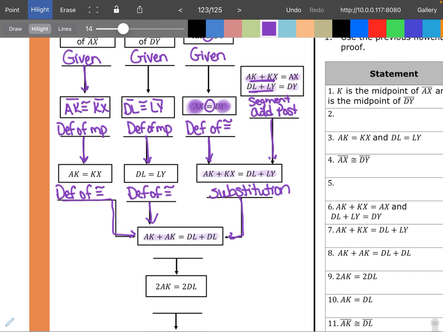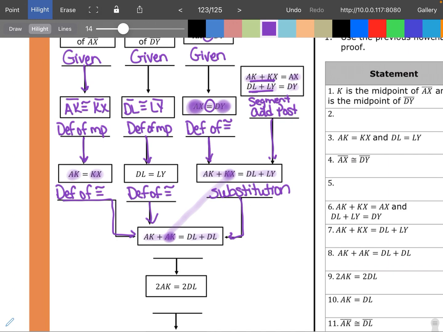Well, let's take a look at those other boxes. I have AK equals KX. Right, there's KX, which is now AK. So it looks like I substituted in AK for the second KX. Looks like I substituted in that AK for the other KX that was there.